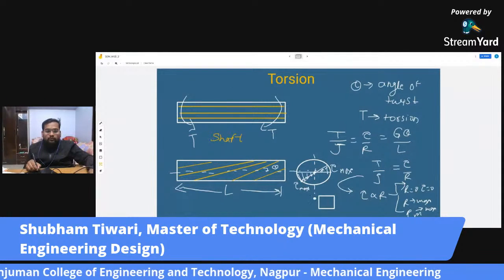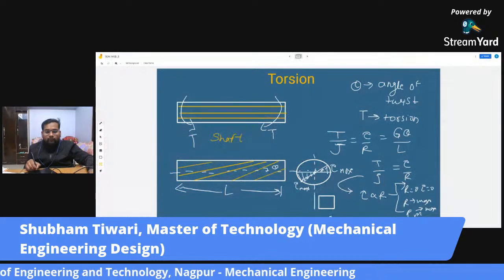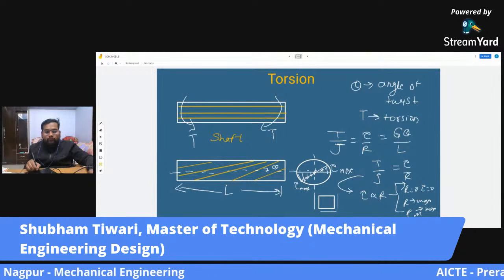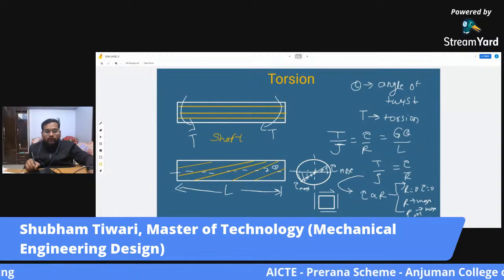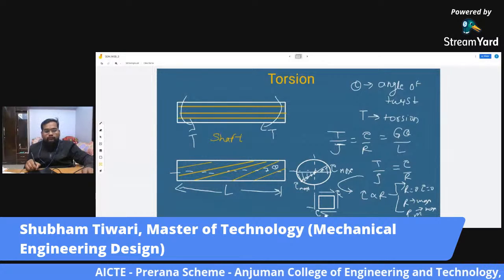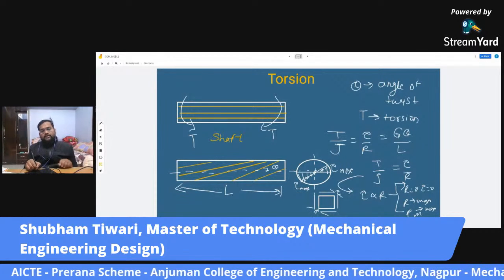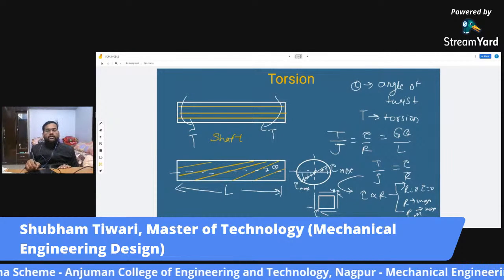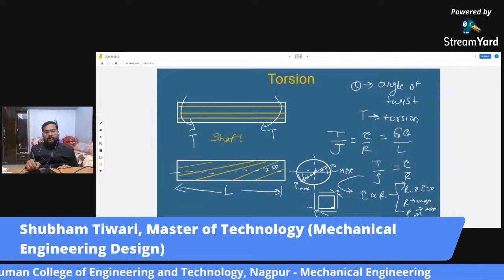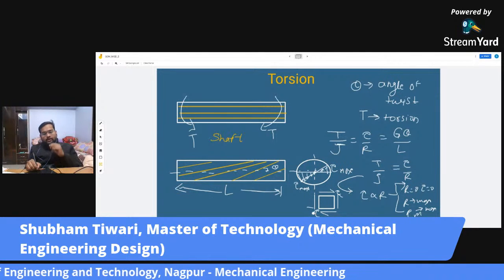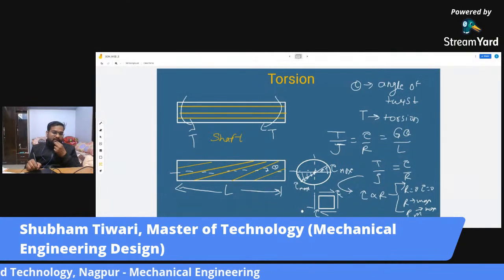So tau, tau, that is shear stress. So this is how the stress element looks for a shaft under torsion.